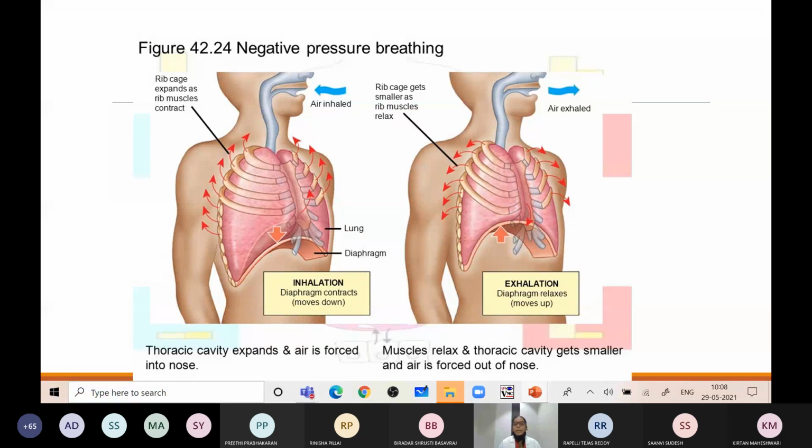Inhalation is an active process, whereas exhalation is a passive process. Active contraction of the muscle occurs in inhalation, and relaxation of the same muscle will lead to exhalation at rest. At rest we do not need any energy for exhalation, hence exhalation is a passive process. These things in detail I have told you already: the bucket handle movements, pump handle movements. These all come under mechanics of breathing.